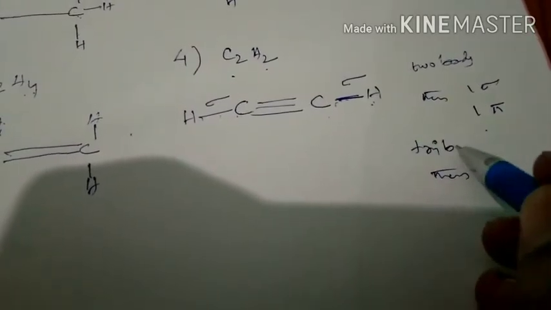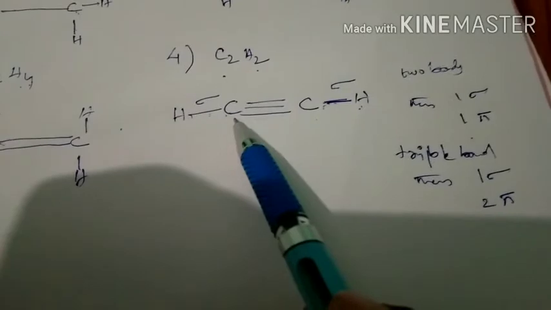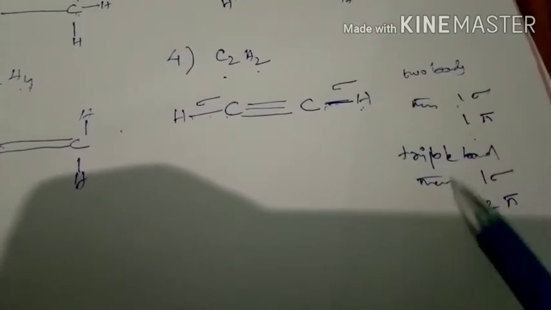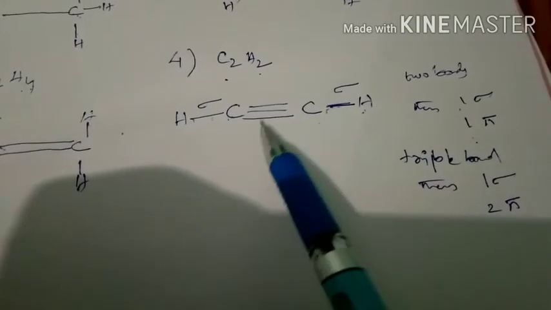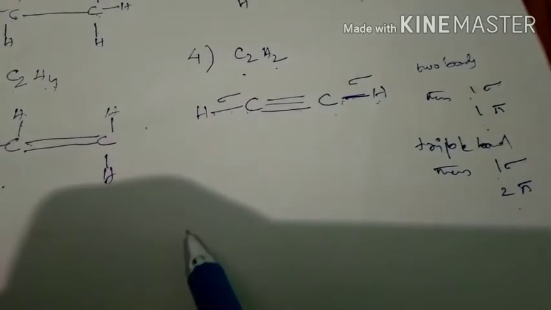Then if a triple bond is present between any two atoms, then it has one sigma and two pi bonds. So if only one bond is present, that is called sigma. If two bonds are present, then that is one sigma and one pi bond. So between these two carbon atoms, there is one sigma bond and two pi bonds.